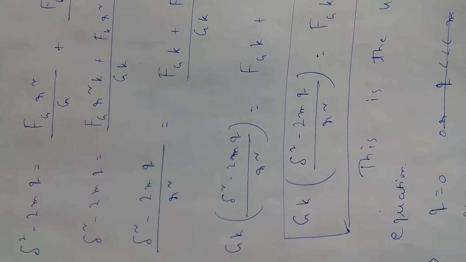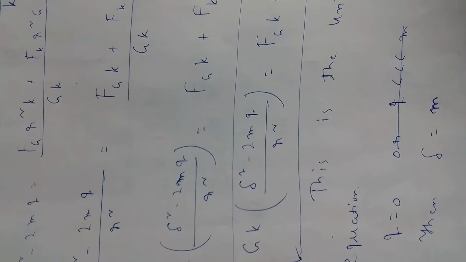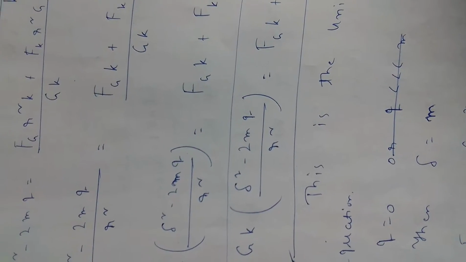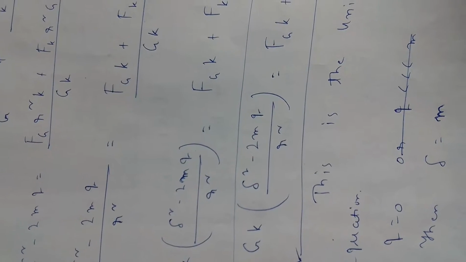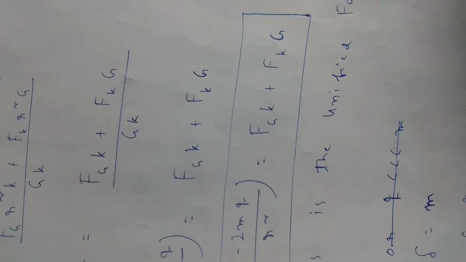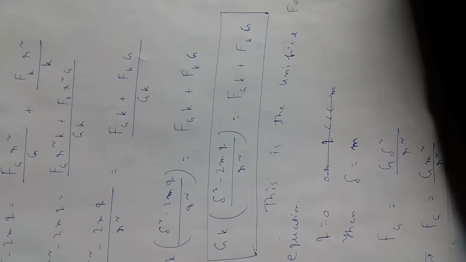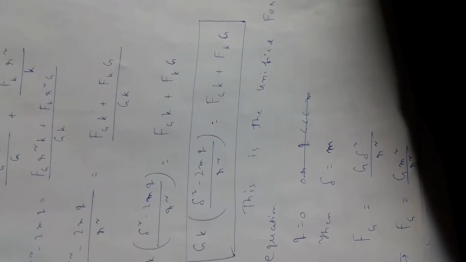In this way, I have unified the two forces, and at last you can observe the unified force equation: GK (del square minus 2mq) by r square is equal to Fgk plus Fkg. This is the unified force equation.